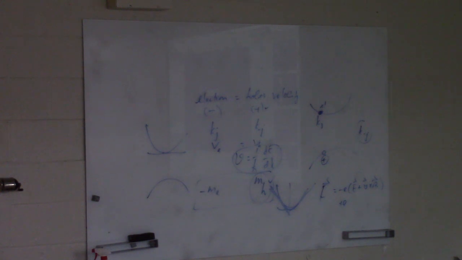So that has the properties of k minus j, but velocities are equal. So hole velocity and electron velocity are the same. The mass is opposite, right? And the charges are also different. This has positive charge, that has negative charge.